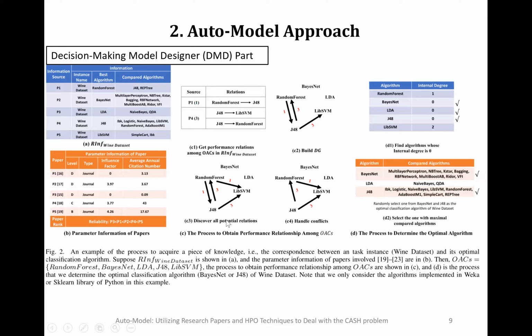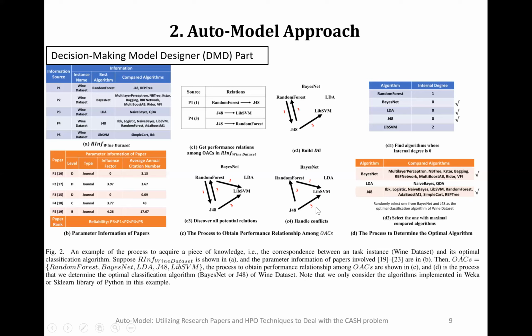After getting all potential relations, we can find that there is a contradictory relation between random forest and J48. We reserve the one with higher weight and remove the others, and then we get the final graph.